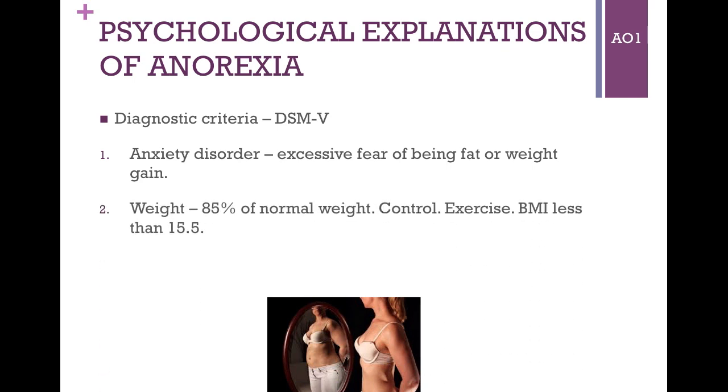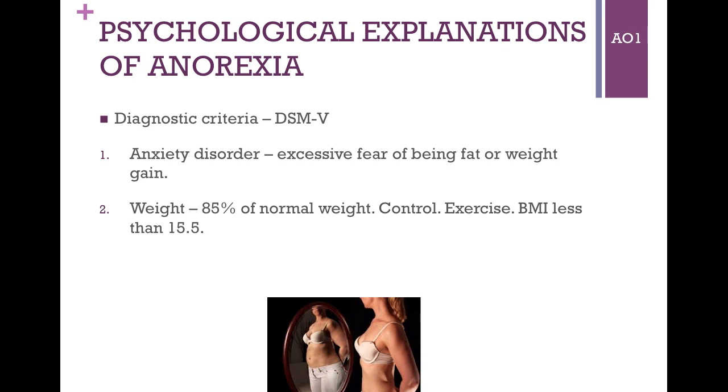As well as that, one of the criteria, one way to determine whether someone has anorexia or not, is if they are 85% of what's considered normal weight for their age. People with anorexia tend to want to exert excessive control over their weight and over their eating, so they would use things such as over-exercising, laxatives, massively restricting food intake.